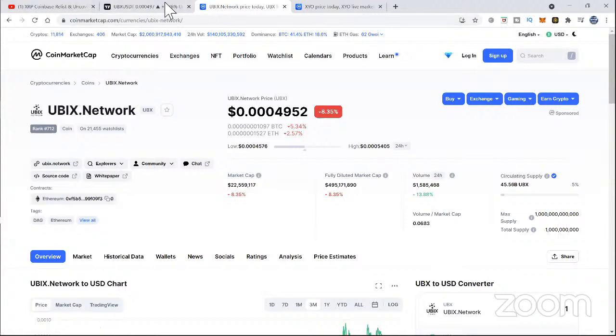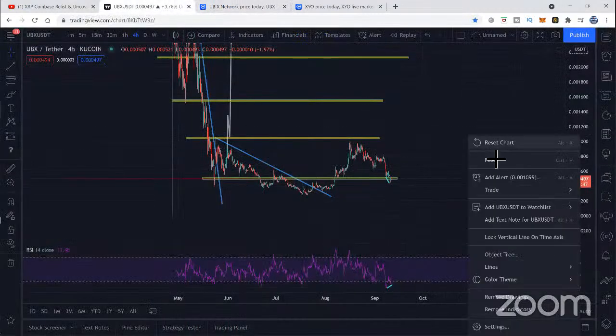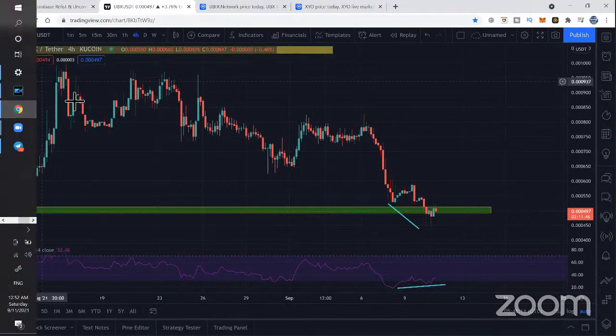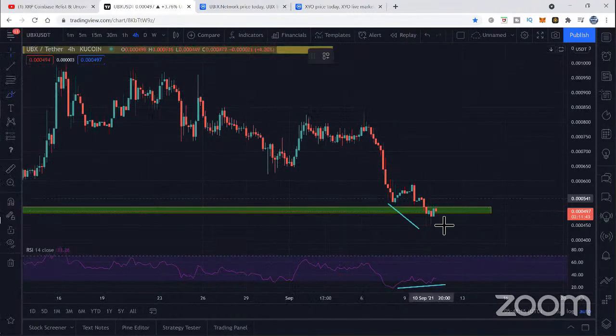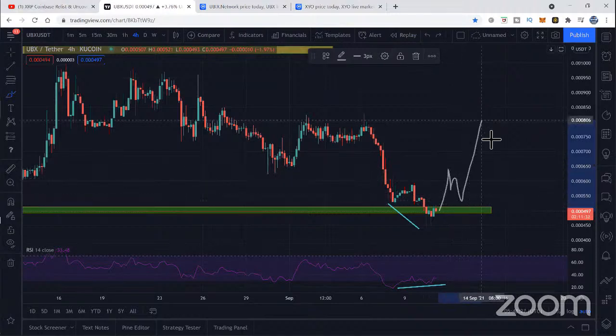So we're gonna see how UBX plays out, but this is what I am drawing on this chart right now. Uh-oh, that was ugly. Let me make that a little better. All right, so we'll break out, might finesse something right here, but ultimately we're going up and we're breaking out of this area.